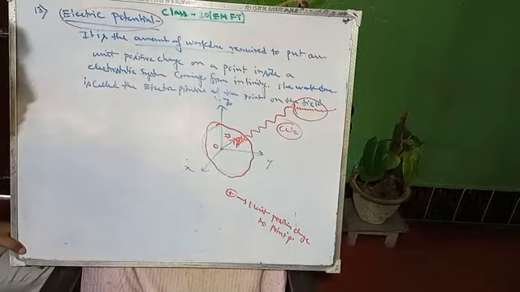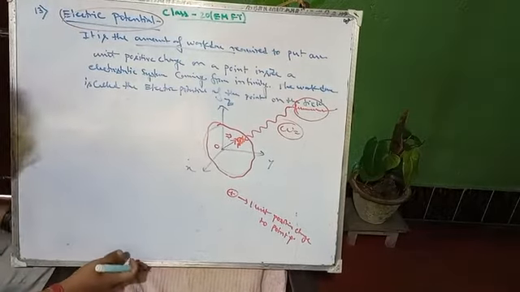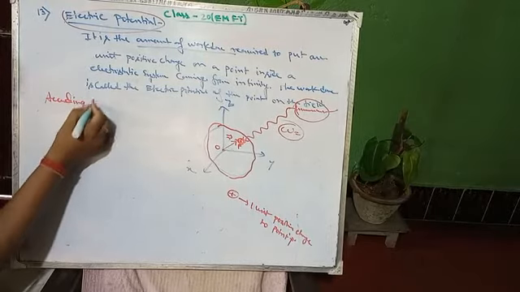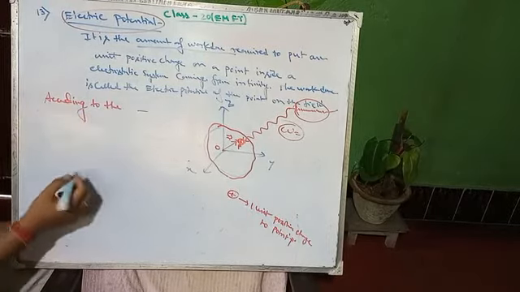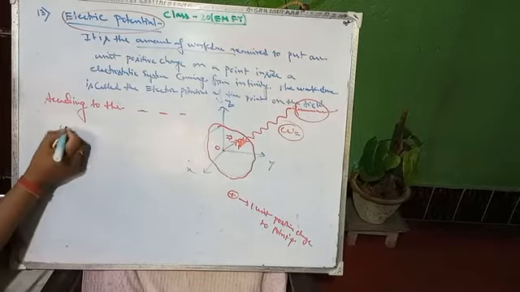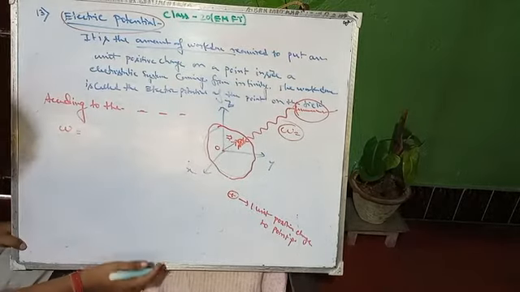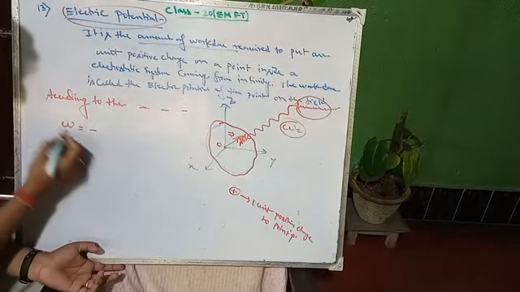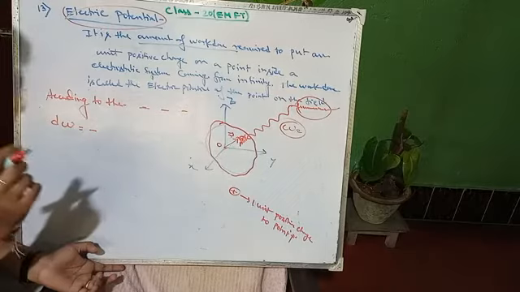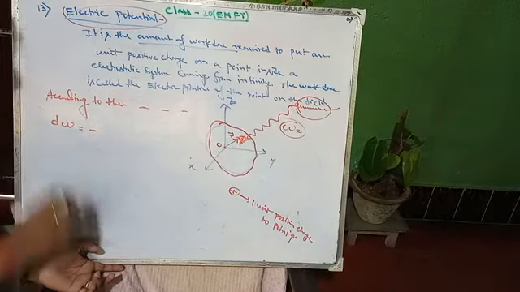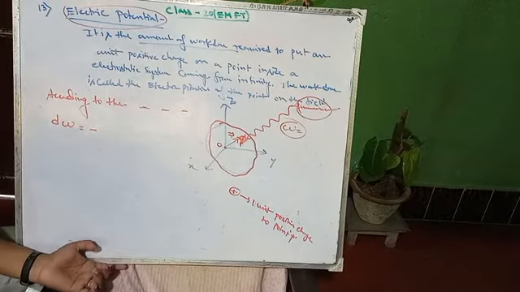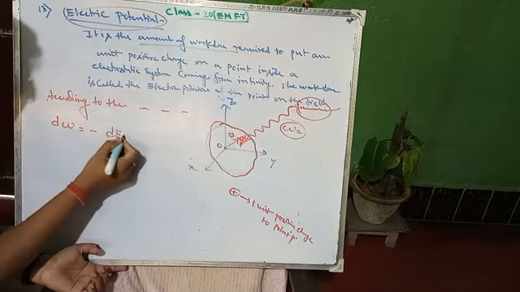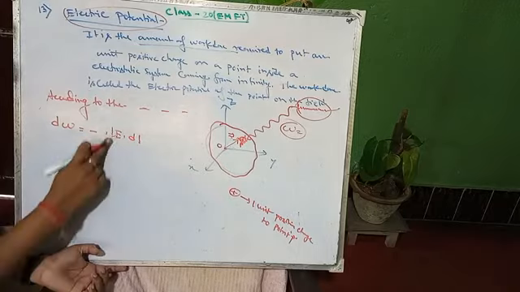According to the definition of work done, what will be your formula? dW, because we are taking small work done, equals E dot dl.